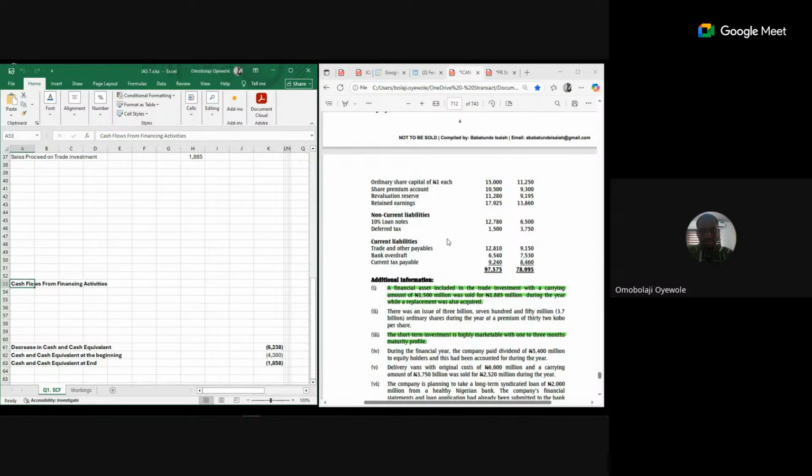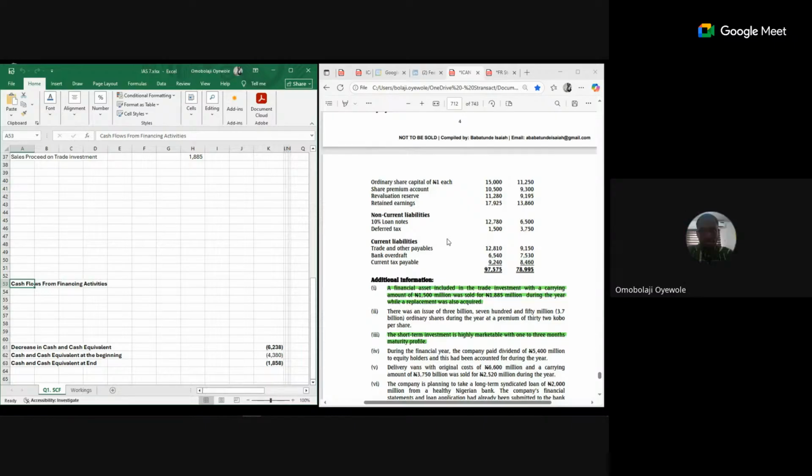First thing, anytime shares are issued, check how the shares were issued. When shares are issued, we fund the issue of shares through the share premium.